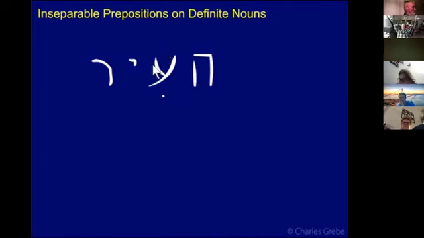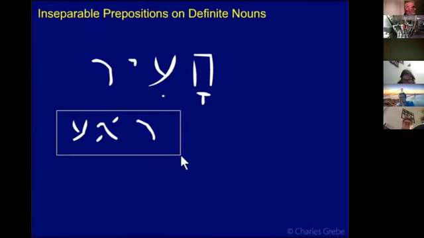Compensatory lengthening. This is a weak guttural. Remember we had aleph, ayin, and reish. Those give compensatory lengthening, at least with this vowel, unless this was a comment. So this will lengthen, and of course we have no dagesh there.